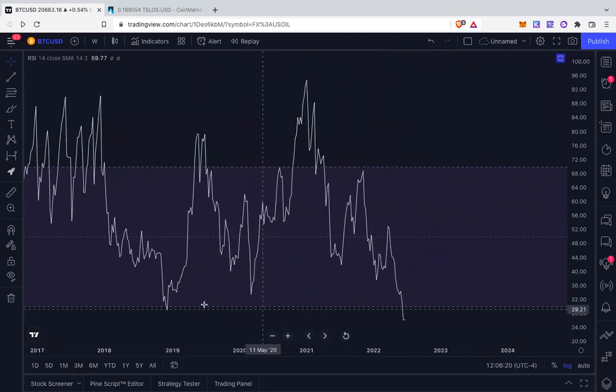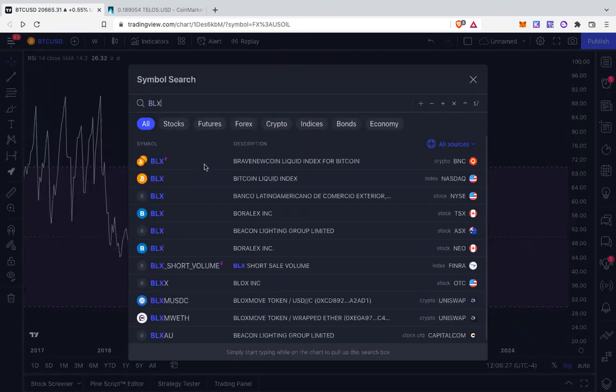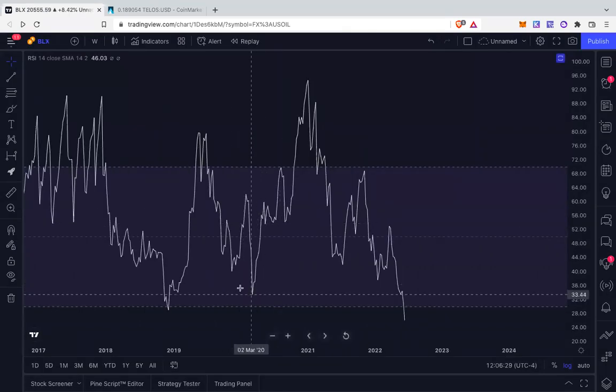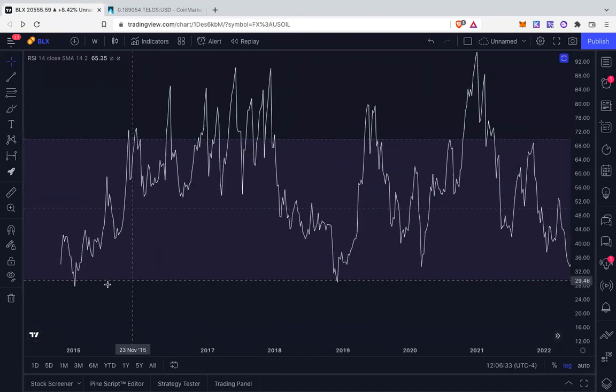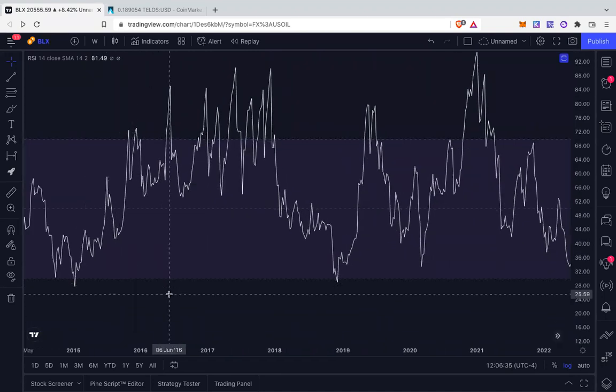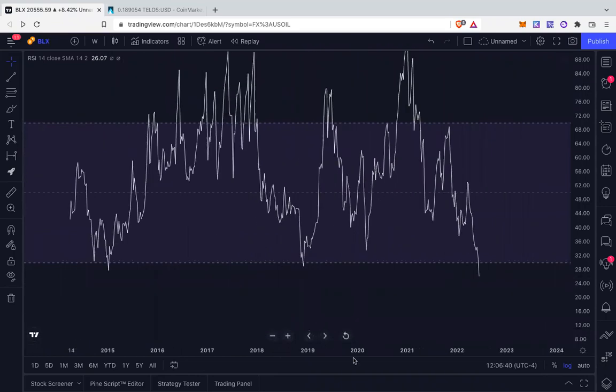And the real chart to see all the data is really the BLX. But this is definitely the lowest the RSI has ever been on the weekly, closed on the weekly at the 25, 26 area.